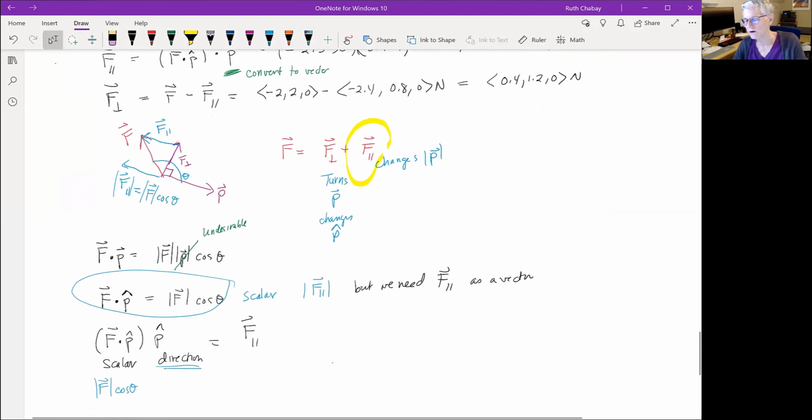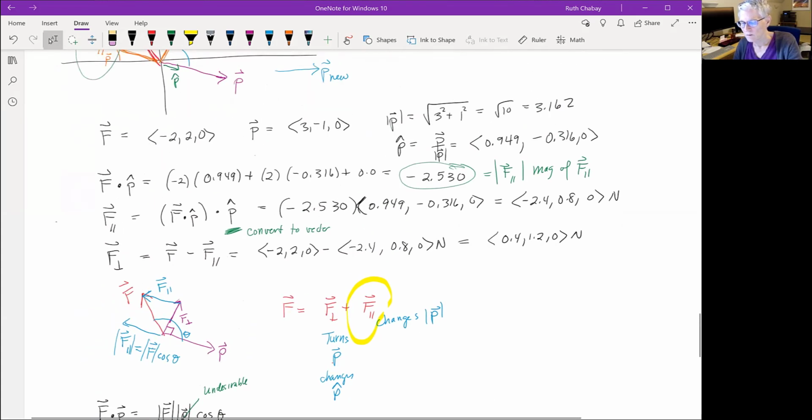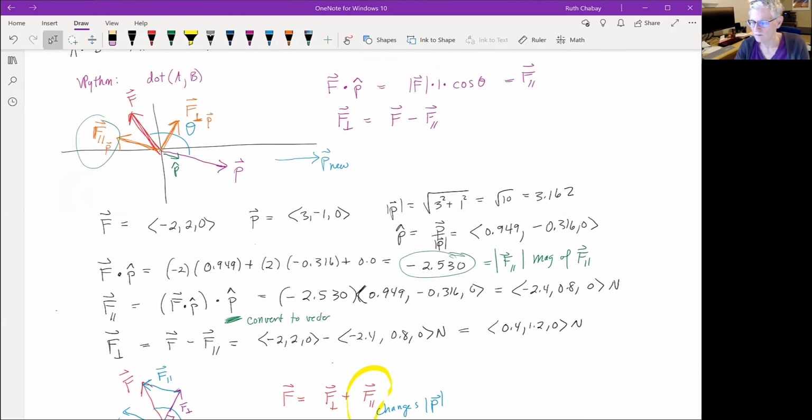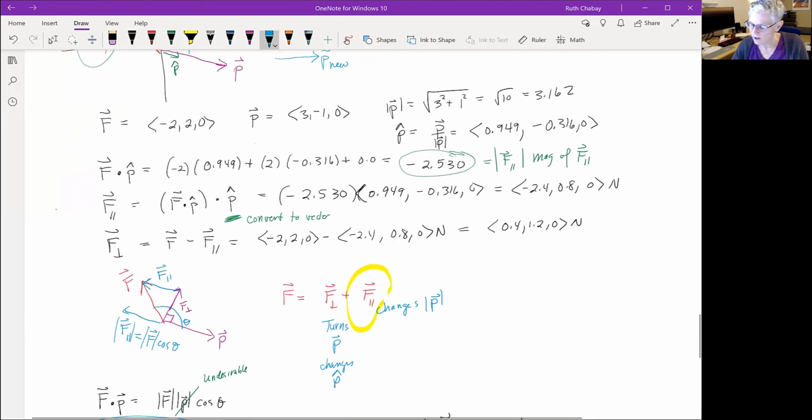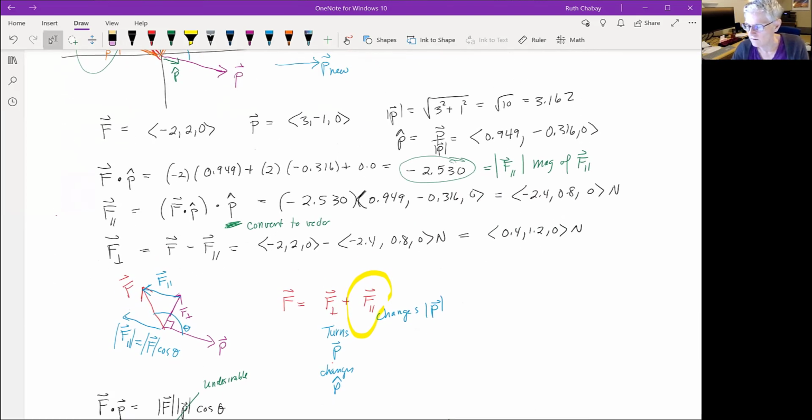So should you multiply it by minus P hat? No, because what you got is the projection of this vector F onto the line of P. You already took into account the fact that the angle theta is bigger than 90 degrees. And the way you know that is that you actually got a negative number here. So we already took into account that whole angle theta thing by taking the dot product.